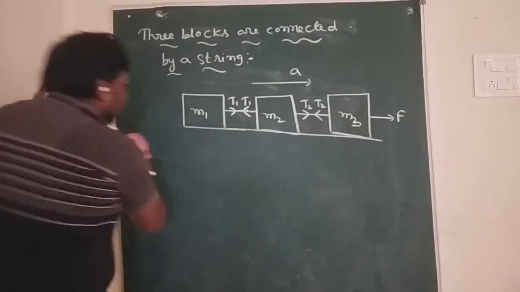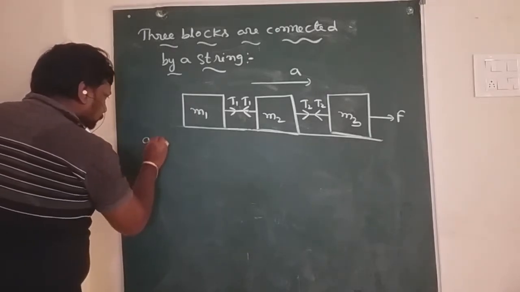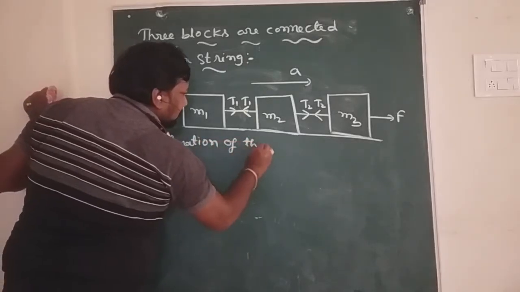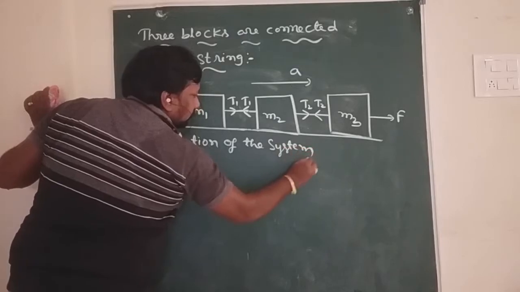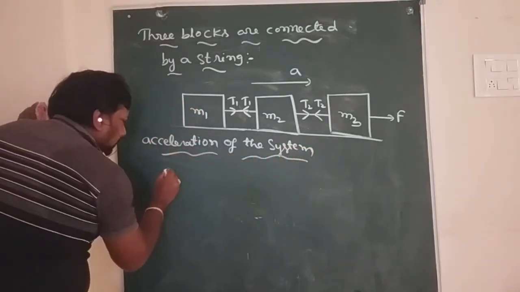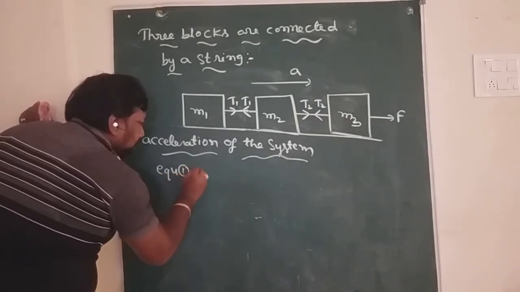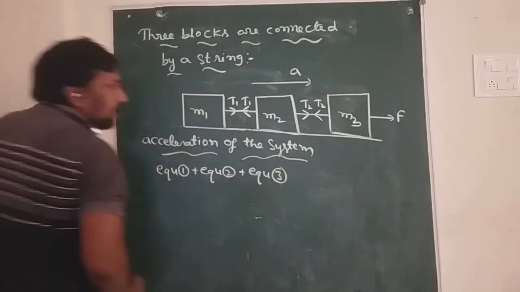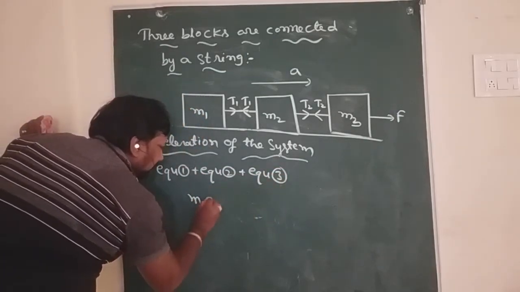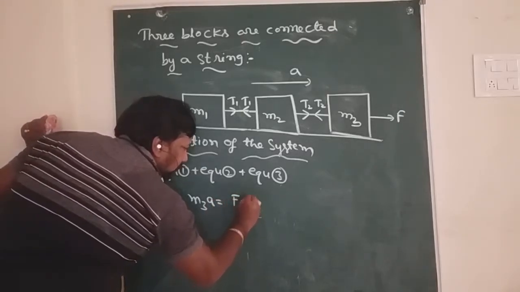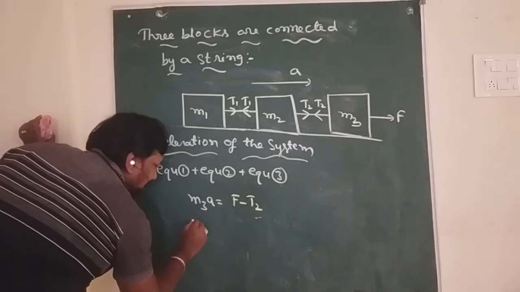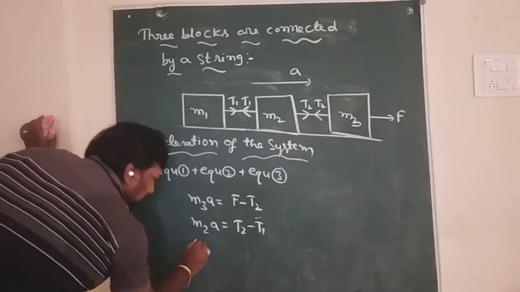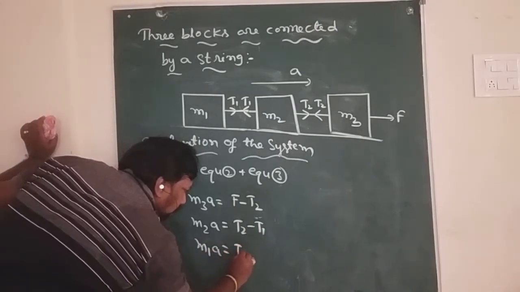These three equations are added: equation 1 plus equation 2 plus equation 3. Equation 1 means M3a equal to F minus T2, equation 2 is M2a equal to T2 minus T1, and equation 3 is M1a equal to T1.